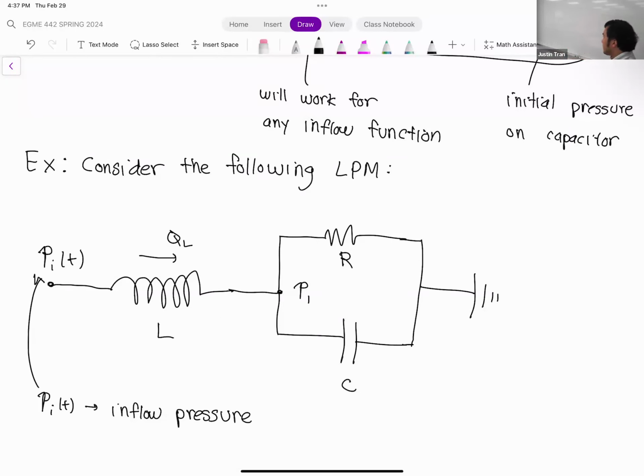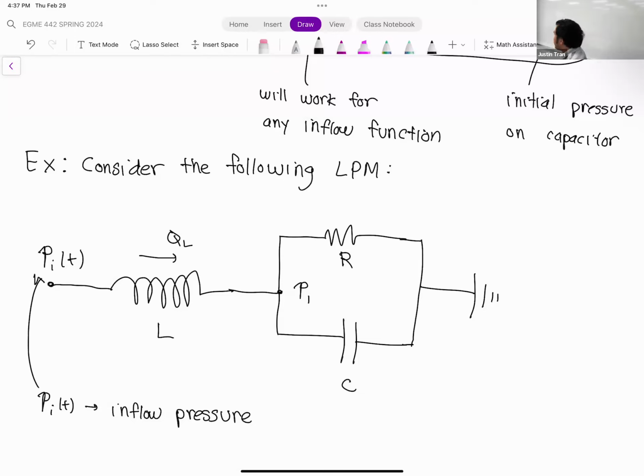Sometimes you'll see your inflow condition given as a flow rate, that's Q. Sometimes you'll see it given as a pressure P. It really all depends on which element is connected to the inflow. So in this case, since we have an inductor connected to the inflow, in order for our equations to work out, we need an inflow pressure.